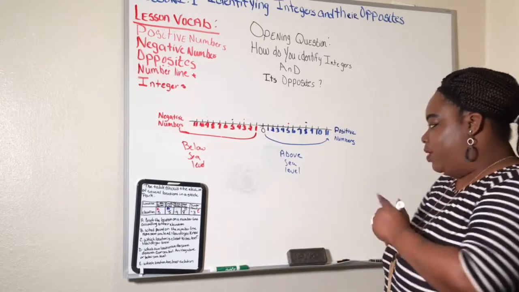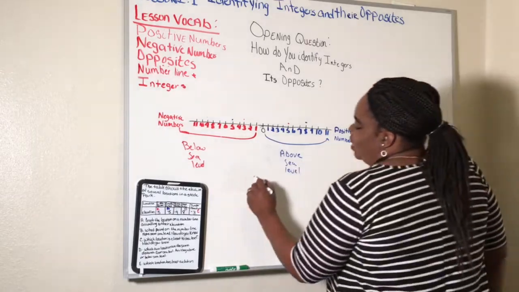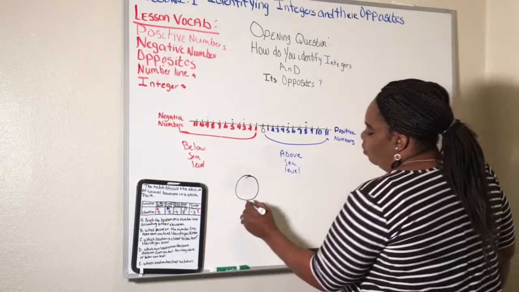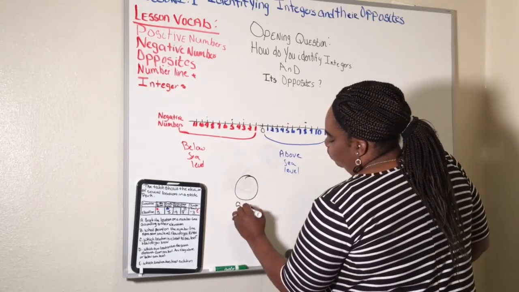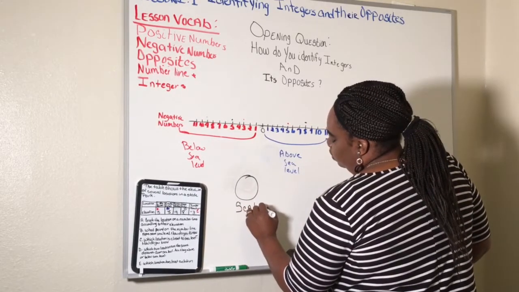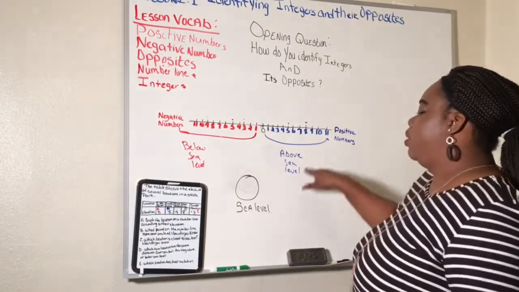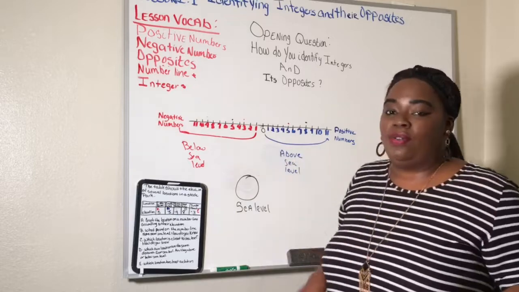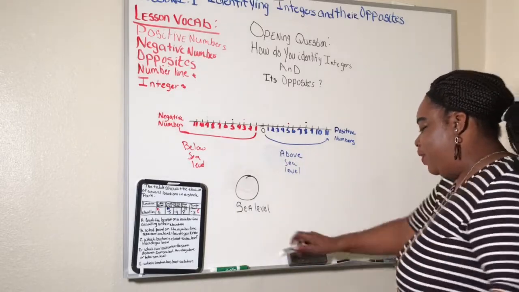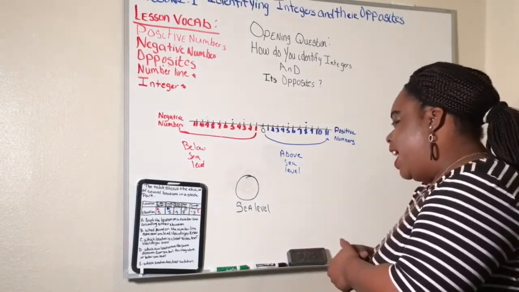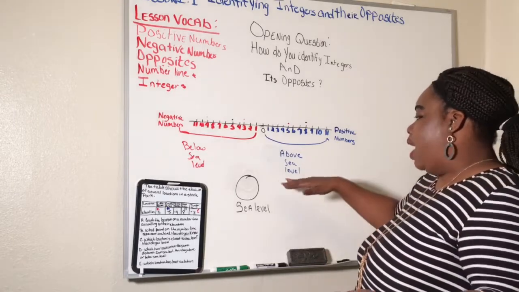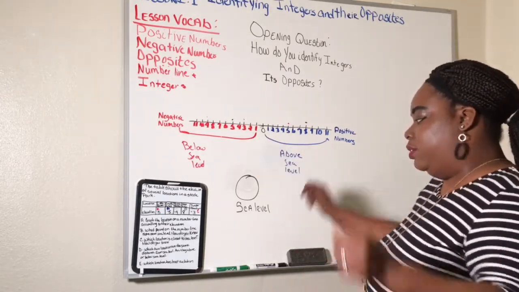So if you didn't catch on to my little hint there, 0. 0 is our sea level, because sea level is not above, sea level is not below. It's just out here being sea level. All right? And how do we know? Because we know it's not above and we know it's not below. It is sea level.